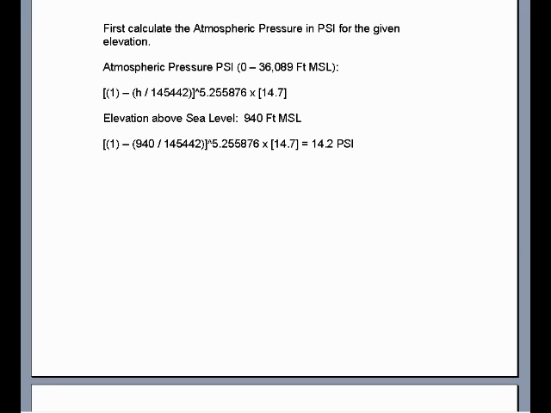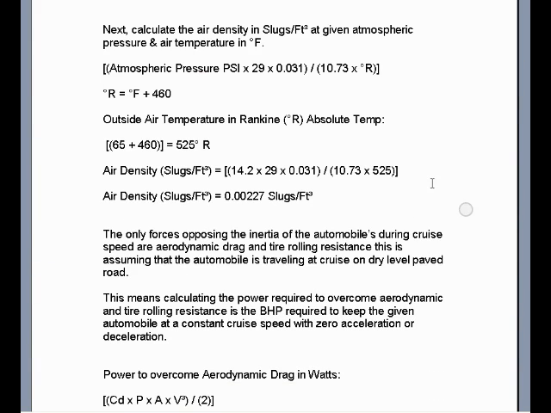Once you get that value, you need that to calculate the air density in slugs per cubic foot at given atmospheric pressure and temperature in degrees Fahrenheit. What you must do is take that degrees Fahrenheit and convert it into absolute Rankine temperature. Rankine's temperature scale is the absolute temperature scale relative to the Fahrenheit scale only.